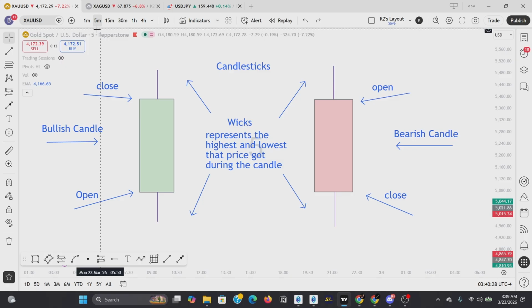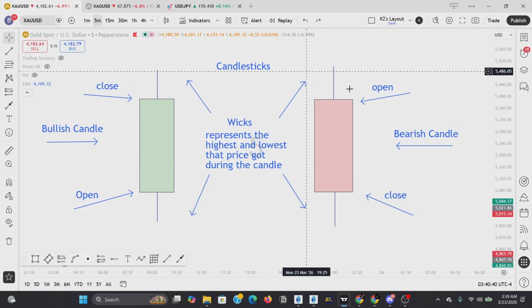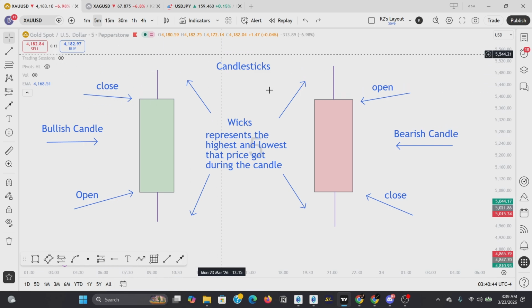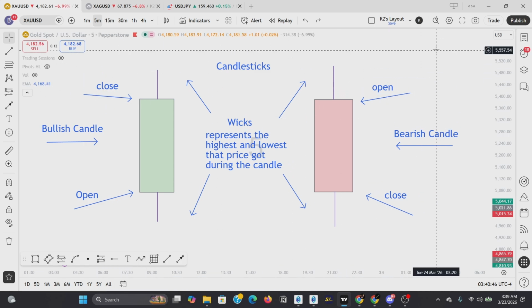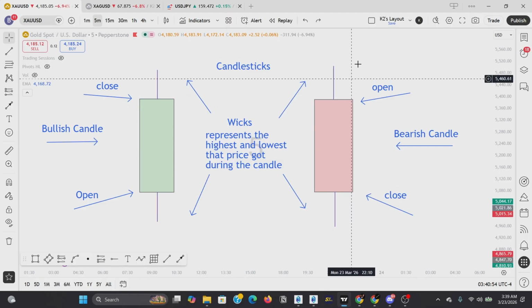So if you look at my mouse, you see I'm highlighting the 5. I'm on the 5-minute chart. On the 5-minute chart, each candle represents 5 minutes. If I go to the 15-minute chart, each candle will represent 15 minutes. So since we already have the 5-minute chart highlighted, let's just say these candles represent 5 minutes.